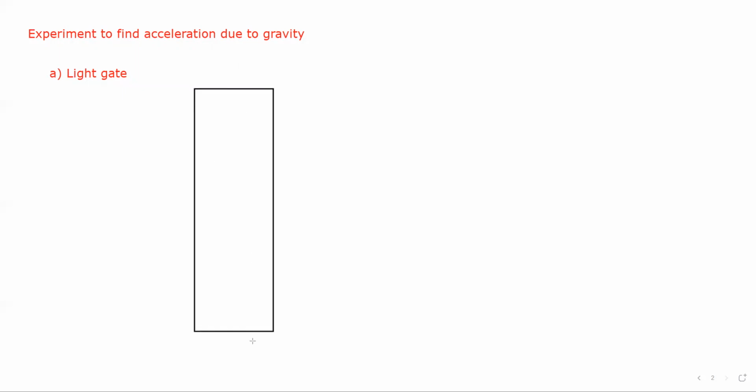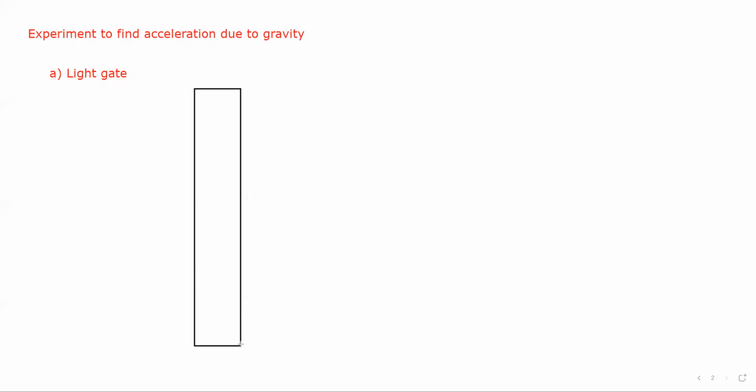So we will take a cylindrical tube and we are dropping this object. The reason why we are taking a cylindrical tube is so that the air resistance, the surrounding air, will not affect the motion. And at the bottom, we place the two light gates.